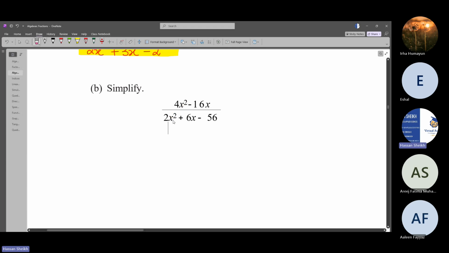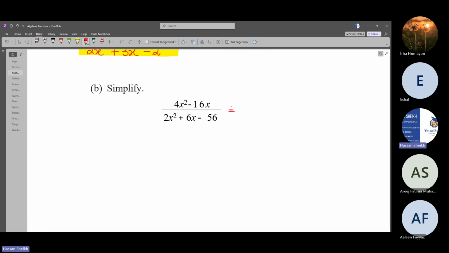So this is not an equation. This is an expression. And that's why they ask you to simplify. For the equation, they would ask you to solve. Equations are meant to be solved, which means you need to find the value of the variable. But expressions are only simplified and factorized.